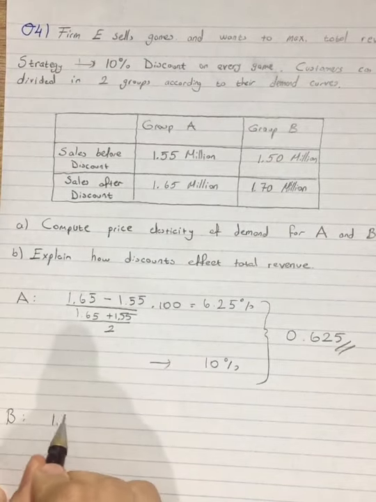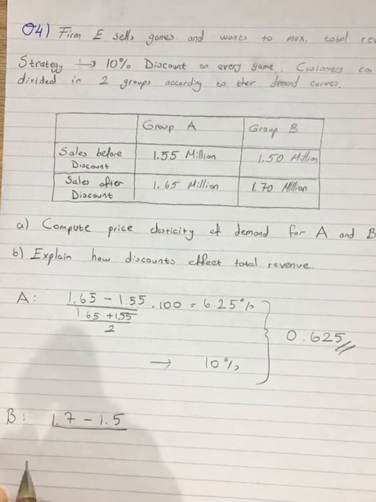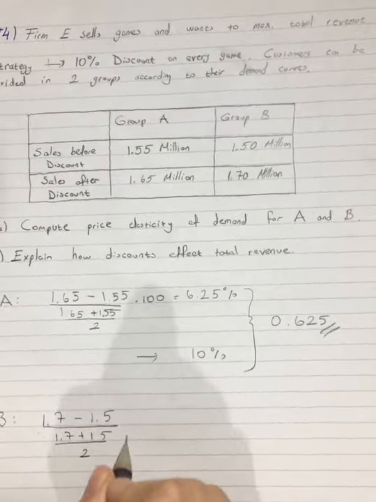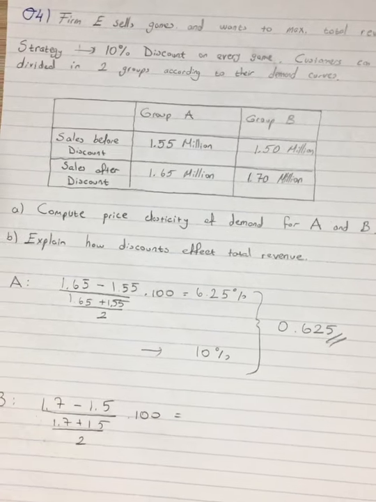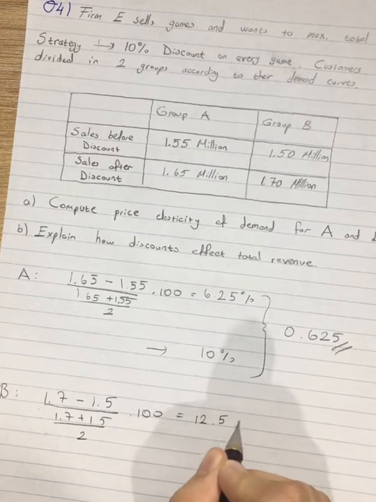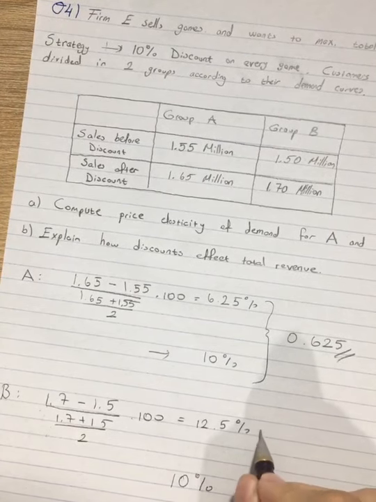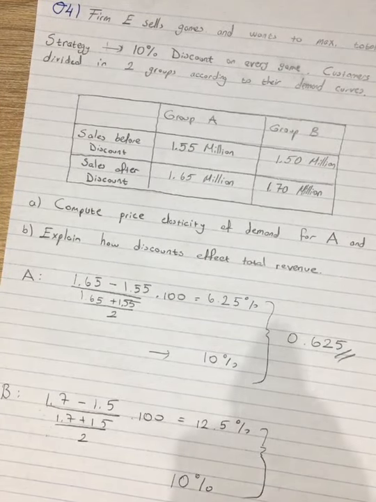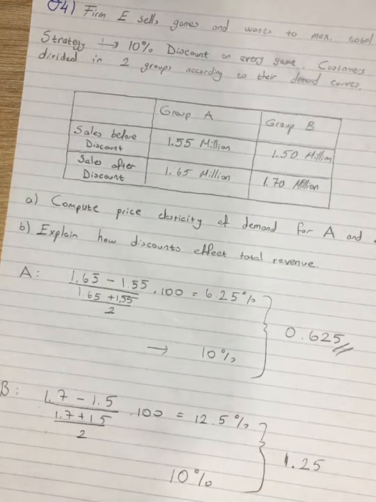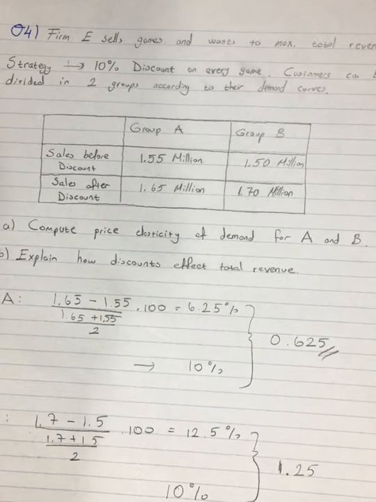It's 1.6 minus 1.5 over the average quantity demanded, which is this, times 100 gives us the percentage change in quantity demanded, which is 12.5%, over 10% because the change in the price is the same. So what we get from here is 1.25. What can you say about their elasticity? Their elasticity is elastic because it's more than 1.